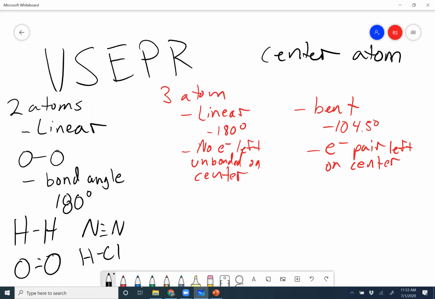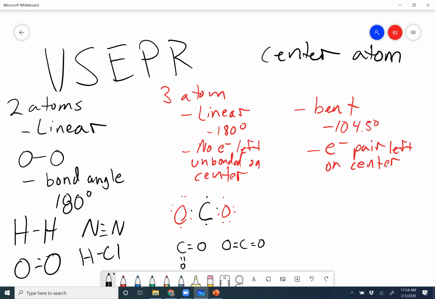Say, for instance, we had carbon dioxide. Carbon dioxide has carbon bonding with 2 oxygens, where carbon is going to be our center atom. This gives us 2 options. Well, a bunch of different options, but basically we could draw it like this if we wanted to. But we could also draw it like this.